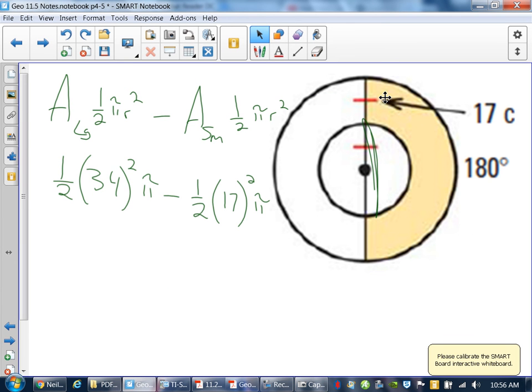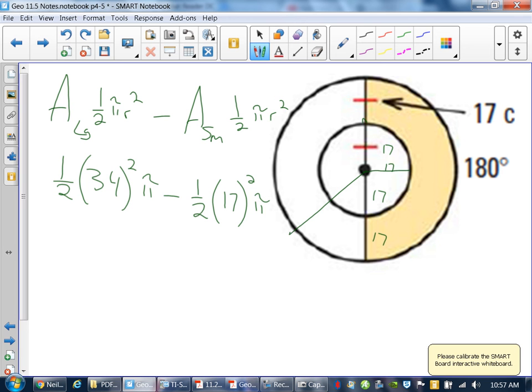Does that make sense? Should there be a 17 here and a 17 here? Yes, but this smaller circle has a radius of 17, and the larger circle has a radius of 34. That's what I was getting at. Does that clear that up?